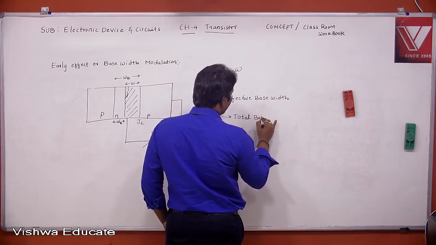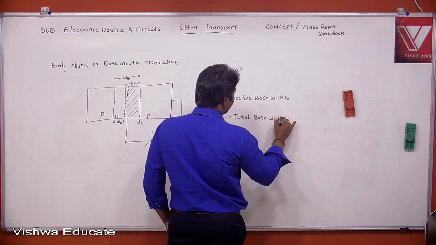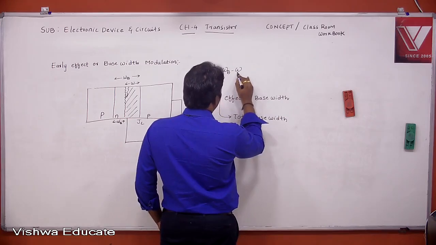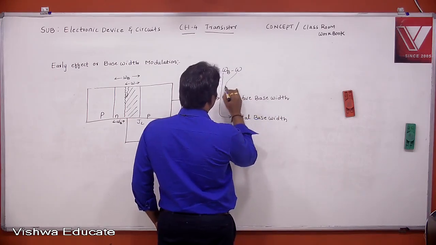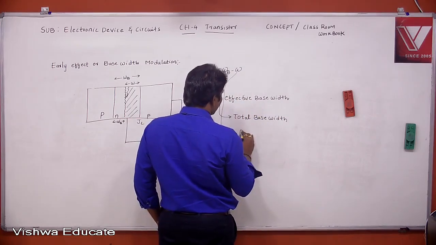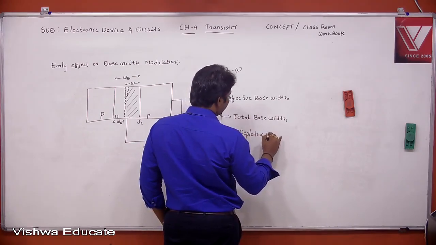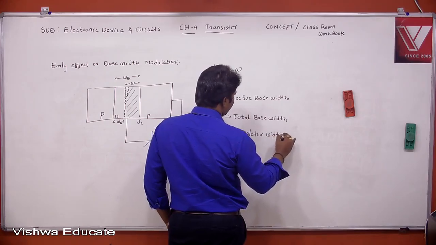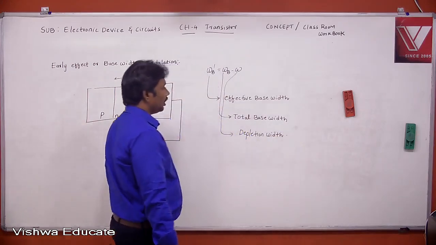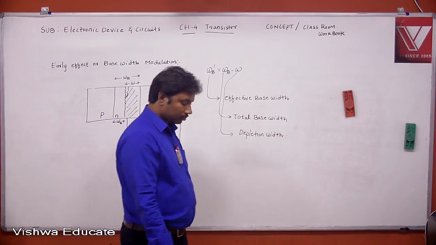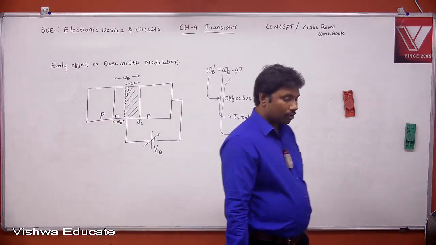The total base width. And what is W? Depletion width. Right. Copy.